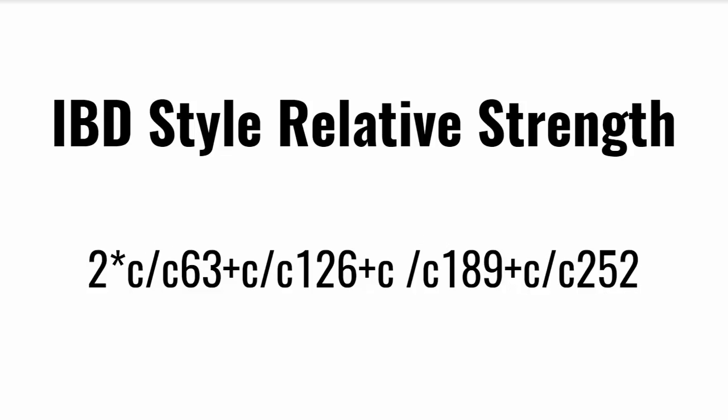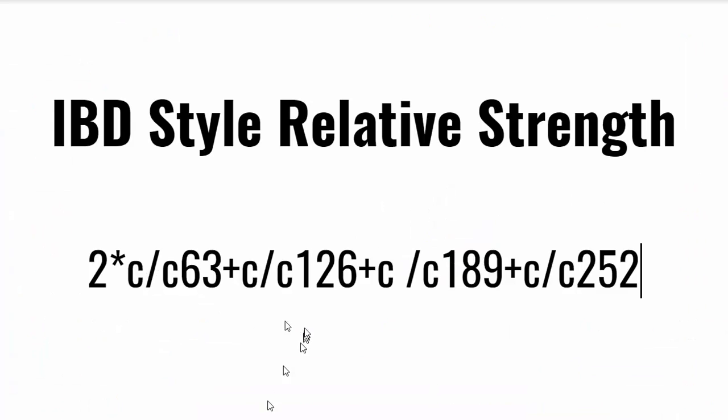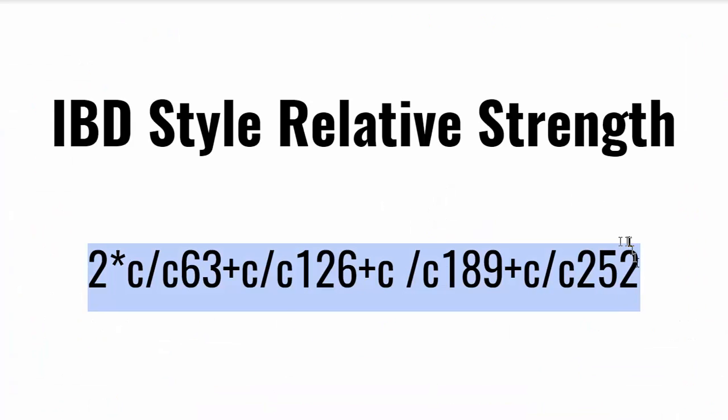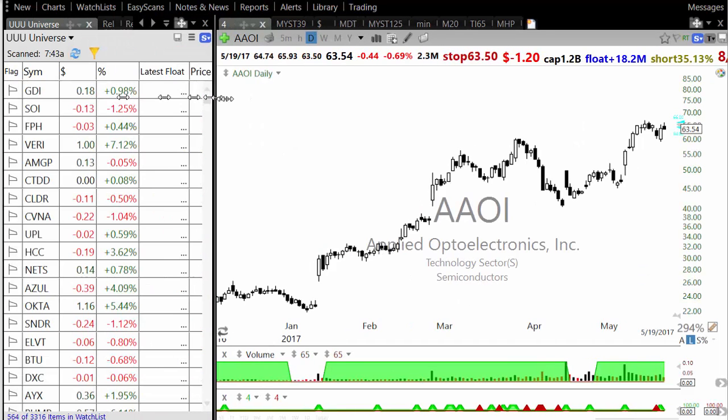Now, in order to find stocks with a 70 plus relative strength rating, all you need to do is rank stocks by this particular value, and I'll show you how to do this. Say you go into Telechart, and we can just copy this formula and create a column here. That's a column condition.